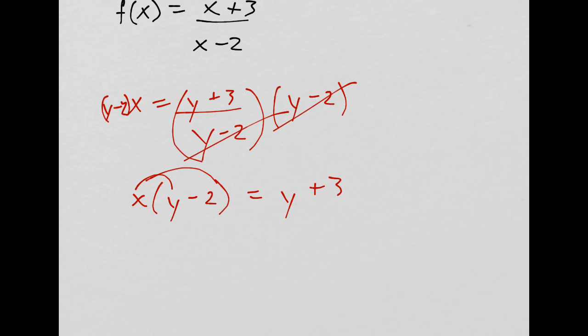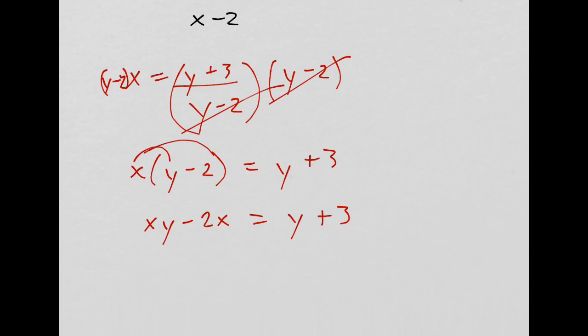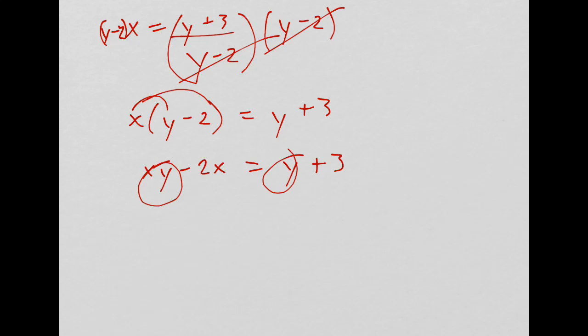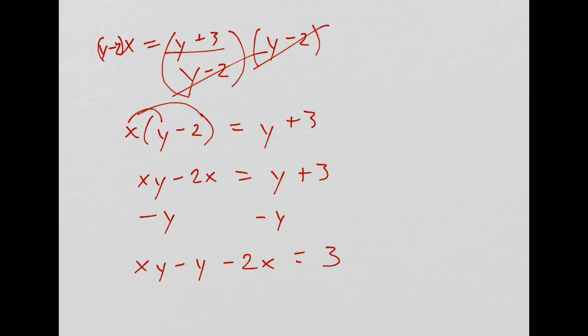Remember, I'm trying to solve for y, so right now I'm going to group the y's. I'll distribute x: xy minus 2x equals y plus 3. Oh, now I can actually group this y and this y. So I'll subtract y. xy minus y minus 2x equals 3. And then add the 2x over.